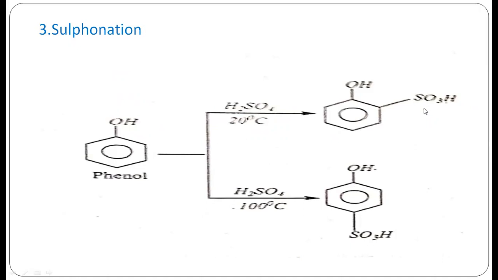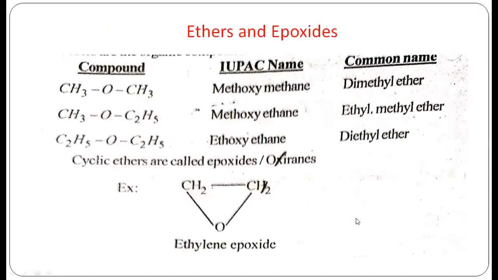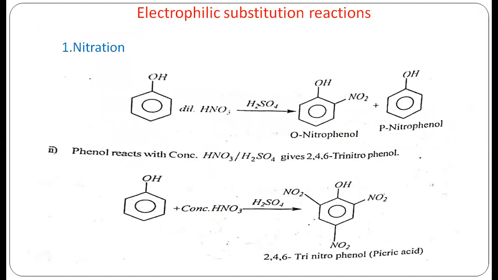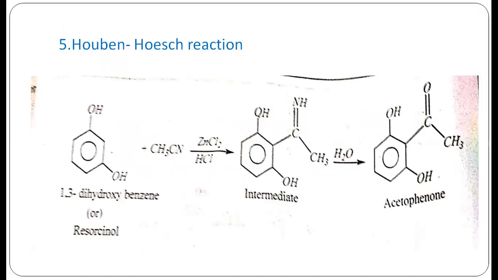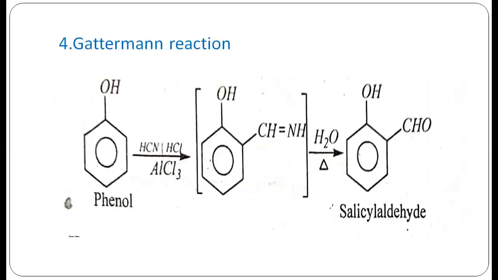That means at low temperature the bulky group is substituted at the ortho position, whereas at high temperature the bulky sulfonic acid group is substituted at the para position. So these are all the chemical reactions of phenols, like the Houben-Hoesch reaction, in which the final product is the ketone. Then the Gattermann reaction.